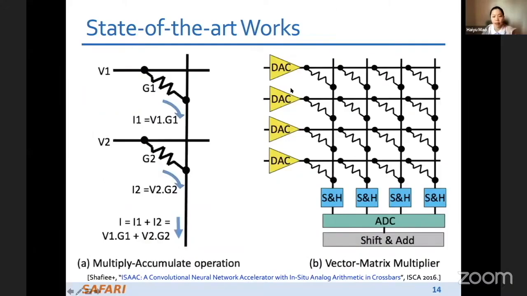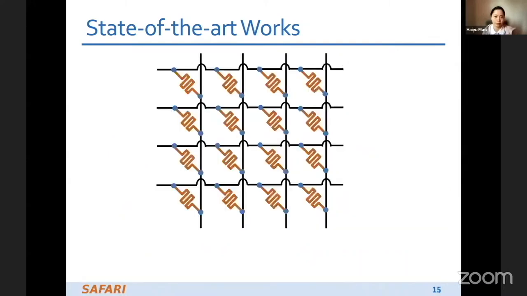Basically, in the RM array, you store the matrix in the RM cells and use the multiply accumulate operation. You apply the voltage as an input vector, and then you sense the voltage on the bit line to get the result of the multiply accumulate operation. Here is an example to visualize the operation.